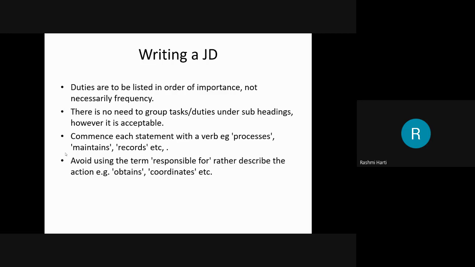Okay. And then avoid using the term responsible for. So this particular term is not used in job description. You can put forth words like obtains, coordinates, but you cannot say responsible for. That means you're pointing at that particular person, so that may not happen. Okay. So instead of responsible, you can use the words obtains and coordinates, right?